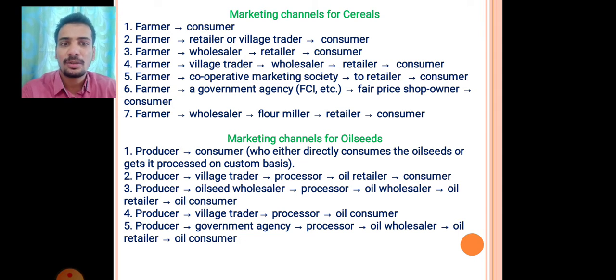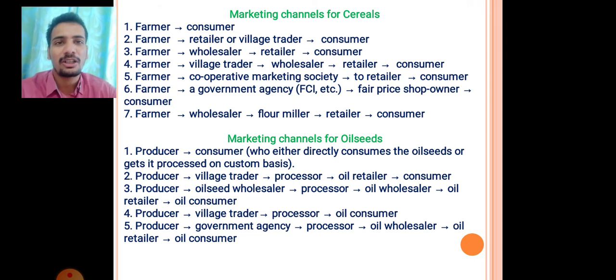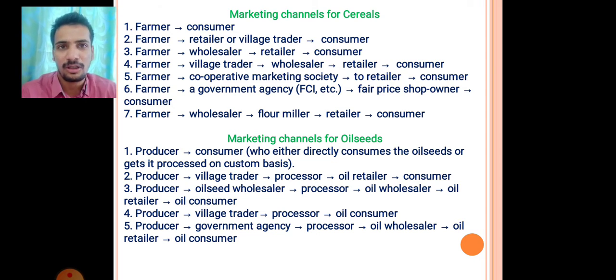And fifth, a government agency purchases from the farmer and sells to the processor, the processor sells the processed oil to the oil wholesaler, who sells it to the oil retailer, and ultimately the consumer. These are the commonly observed 5 marketing channels for oilseeds.